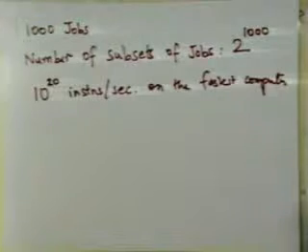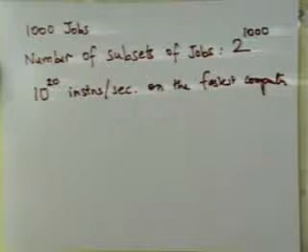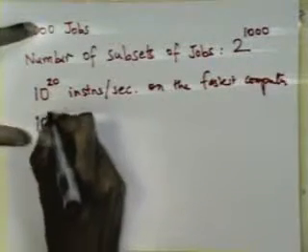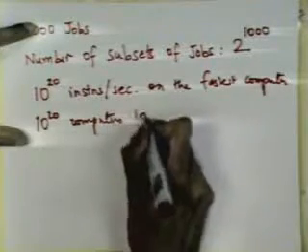This is a big overestimate. It's much smaller than this, but we'll assume this. How many computers do you think there are in the world? 10 to the 10, 10 to the 20. Let's say 10 to the 20. This is again an overestimate.